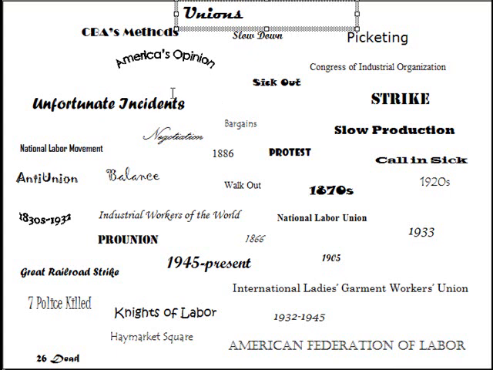Well, if we scan through the choices here and we compare that to the article students are reading on unions, they might see that there are 3, perhaps 4 more subtopics that might make sense. So let me pull those out for you. One of them would be America's opinion.